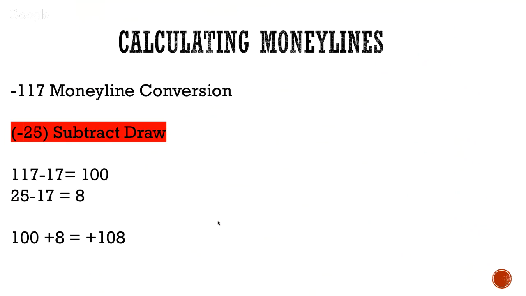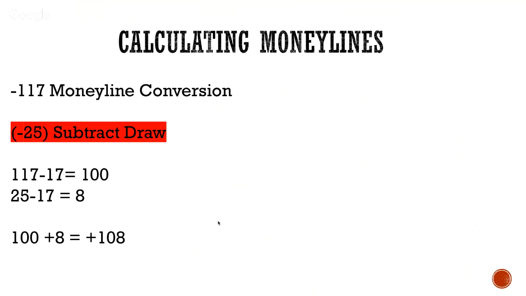But when you take 25 from 117, you can't just take it all the way down. If you just did it the traditional way, subtracting 25 from 117 would be 92.